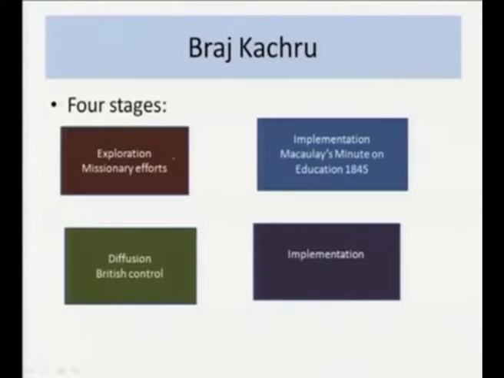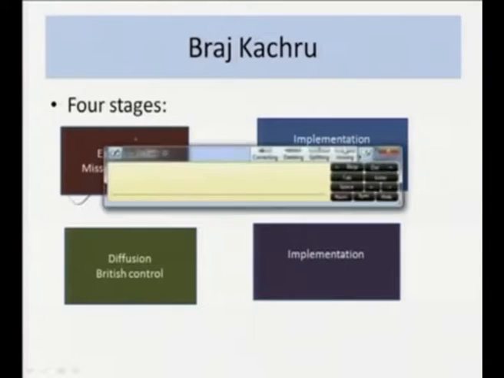Now, let us go back again to Braj Kachru and look at how he talks about the 4 stages of the language in India. He says that the 4 stages are these. First, when we talk about how English came into India, we have to refer to the missionary efforts.